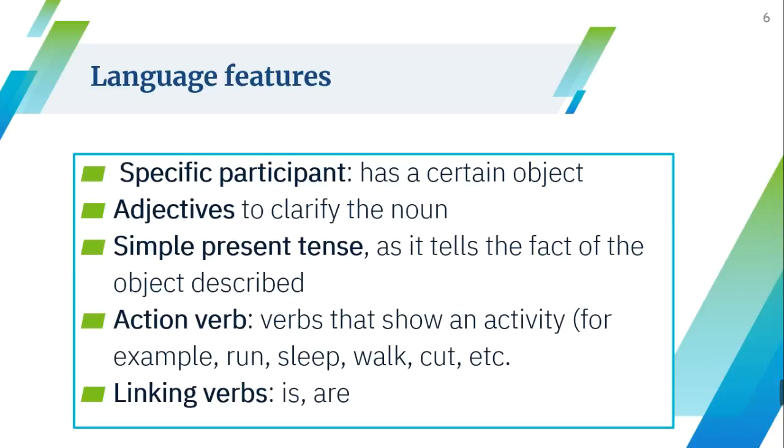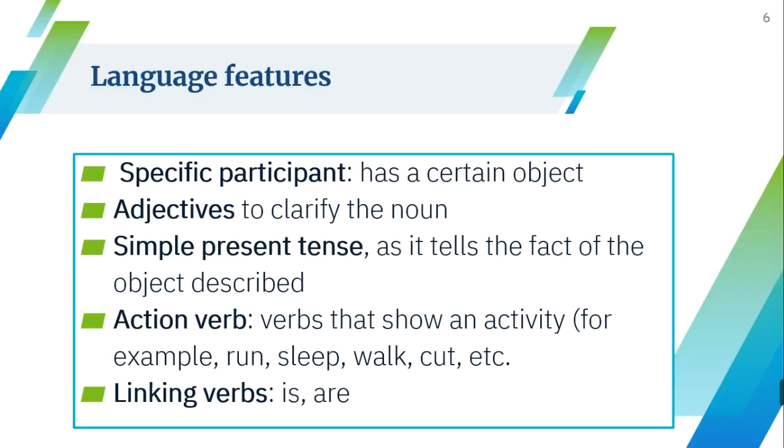The tense used in this text type is simple present tense because it tells the facts of the object described. It is possible that past tense is used in this text, as it might describe the historical events of the thing or the person.